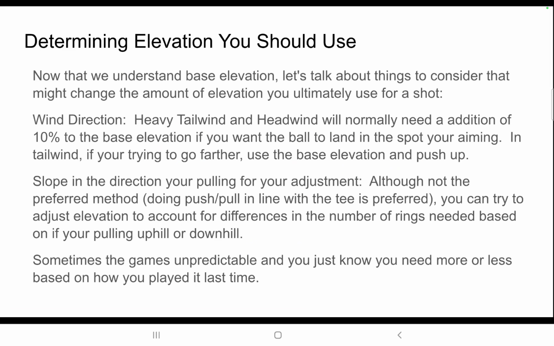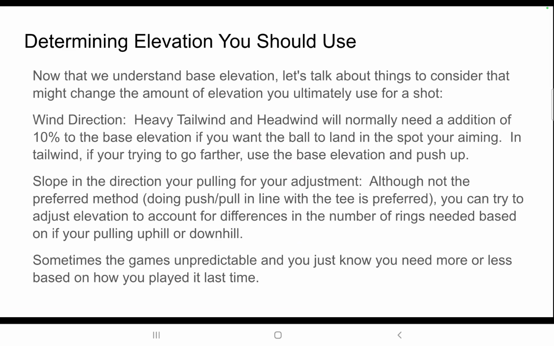Another thing that you can also consider is slope in the direction that you're pulling. If you're pulling your rings up a hill or down a hill, you can also try to adjust your elevation to account for that. I will tell you that's not the preferred method to do that. There's going to be another video on pushing and pulling later on, explaining that concept. But you can try to adjust elevation to account for those differences.